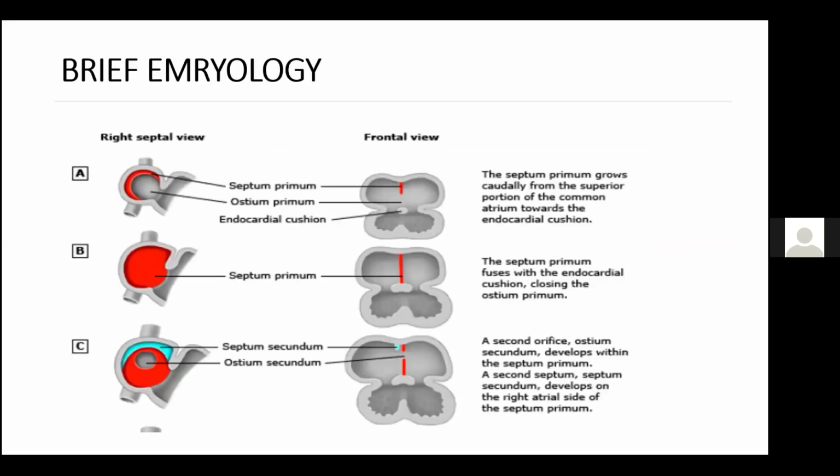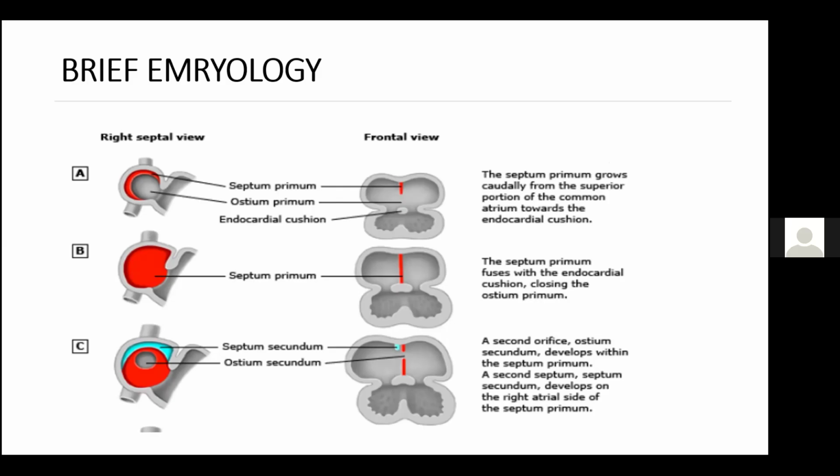The intra-atrial septum formation actually starts from the end of the 4th week, and this is just a picture that shows what happens. We know that from the primitive heart, when we label from top, we have the bulbus cordis, primitive ventricle, primitive atrium, and the sinus venosus down.